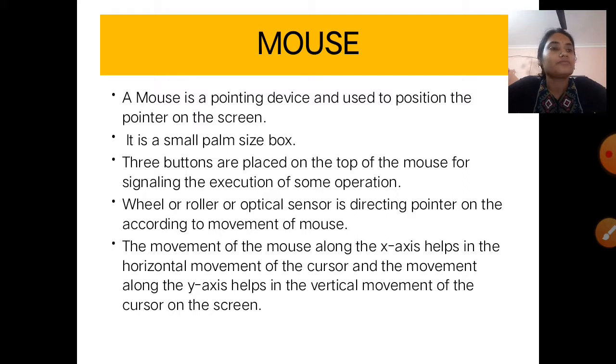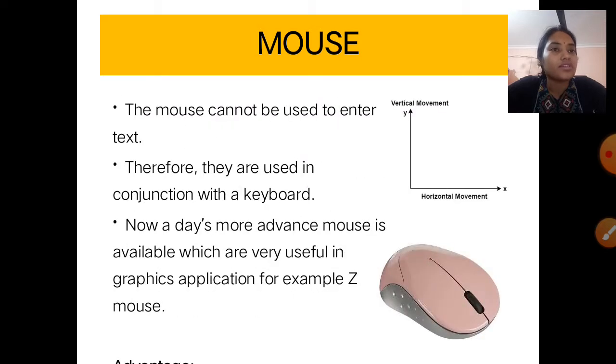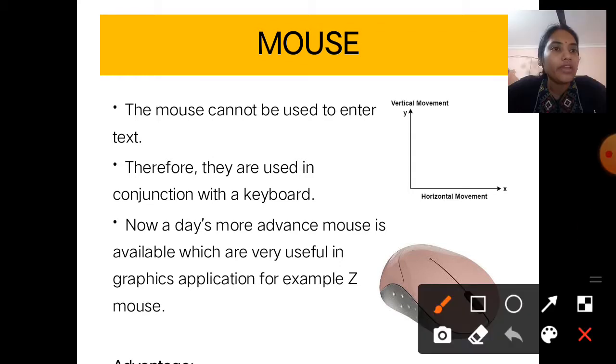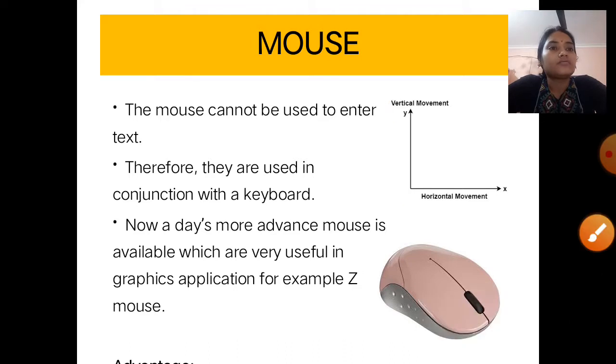Let us show what the x-axis and y-axis are. This is the x-axis, which is horizontal movement, and this is the y-axis, which is vertical movement. The mouse cannot be used to enter text, therefore it is used in conjunction with the keyboard.